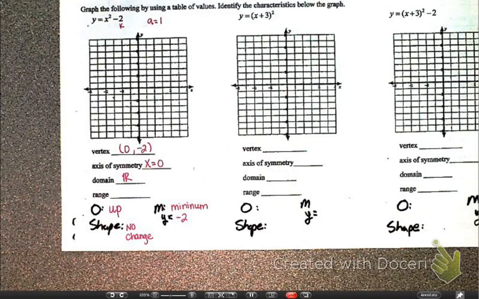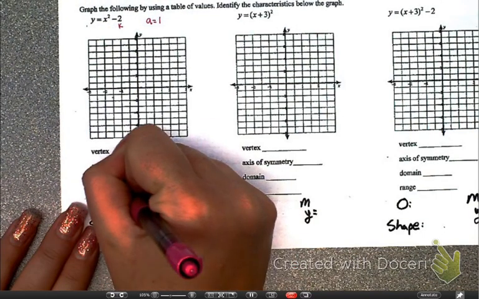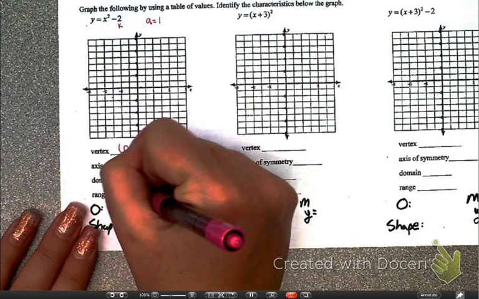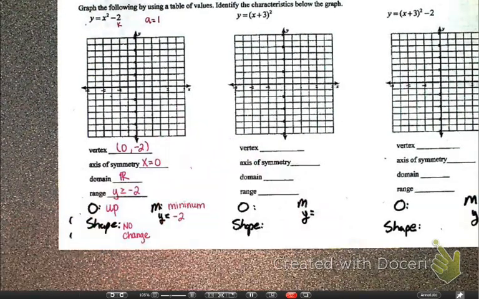Last thing we have to fill in is range. So if I have a minimum and it faces up, all of my y values become greater or smaller? Greater. So y is greater than or equal to what? -2, the y value of your vertex. Do you see how I filled everything in without graphing? Now, if my graph doesn't match that, then we have an issue.